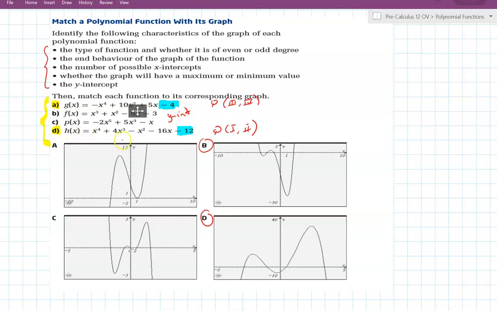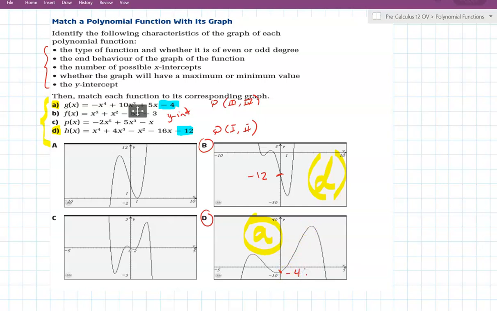So equation D will be matching graph B. And equation A belongs to graph D because it's upside down, and we can guesstimate that this part right here is your minus 12, and in here that is the minus 4. We can do that.